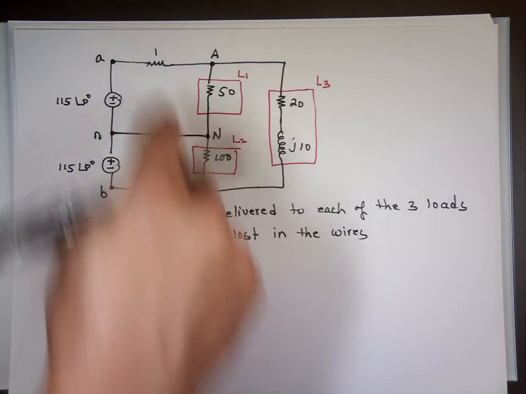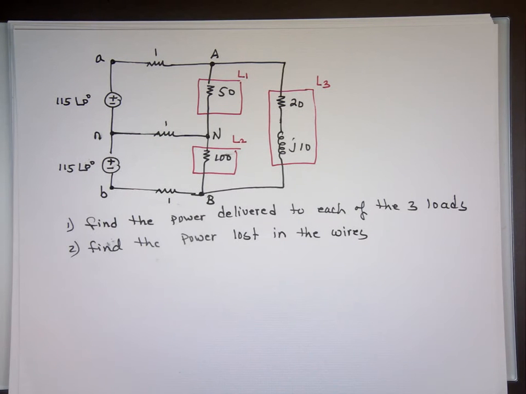How much power lost in them? If I know the current through each one, I can tell you all the stuff. So maybe I should shift my focus on finding the current.